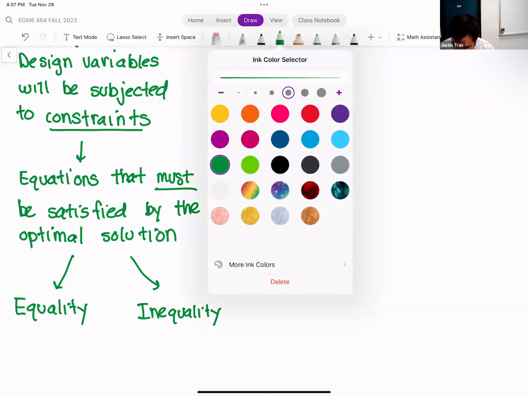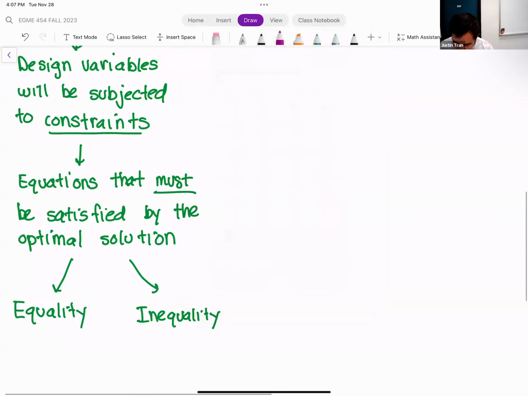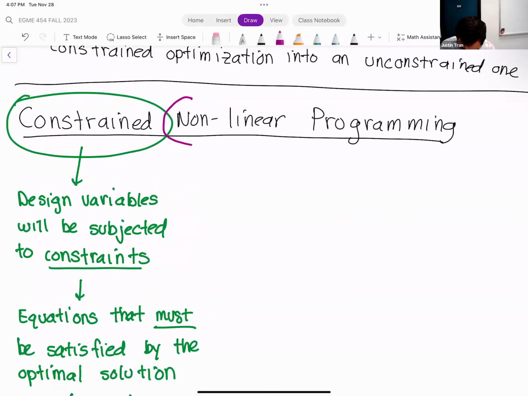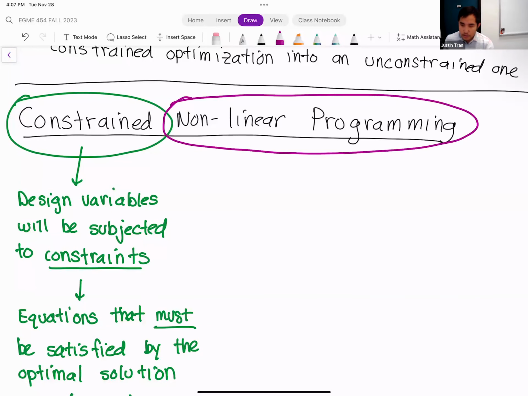The second part of what we've been going over is this idea of nonlinear programming. This is everything that we focused on for the second midterm exam, what we just finished. Nonlinear programming is a class of optimization methods where we don't assume anything about the form of the objective function.